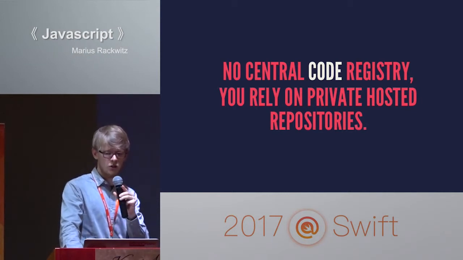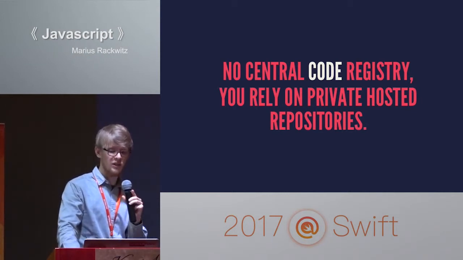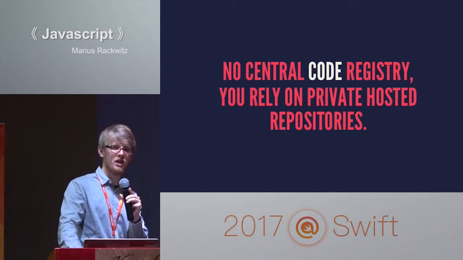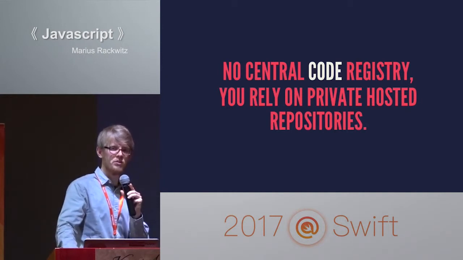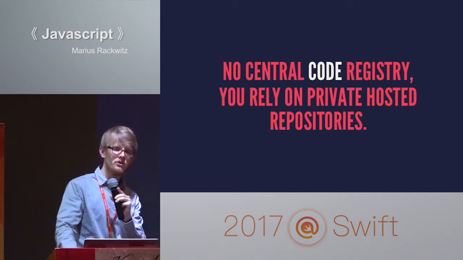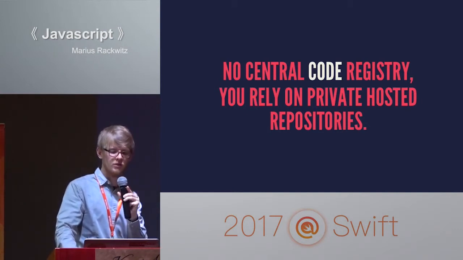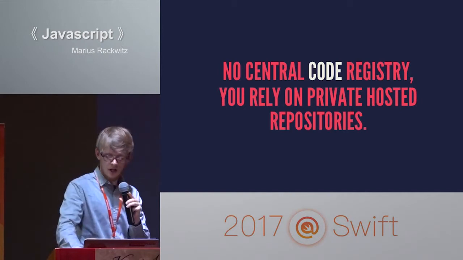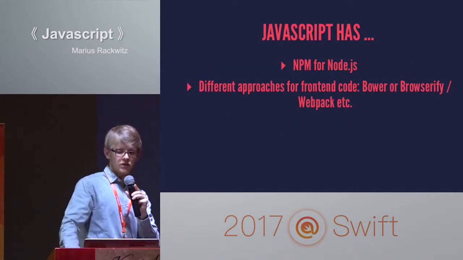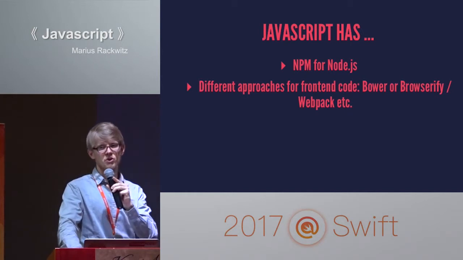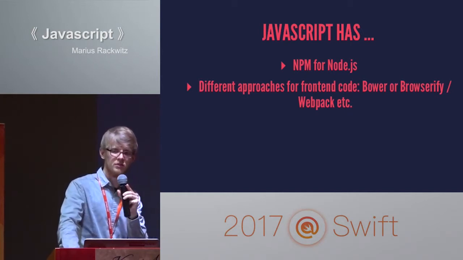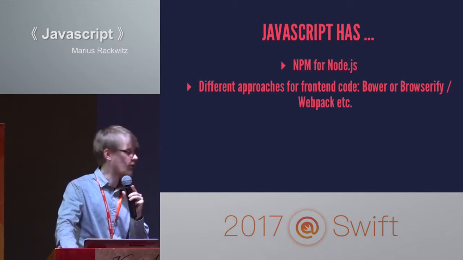And CocoaPods has here actually a registry for discovering dependencies, but these are more seen as the pod specs, which are recipes on how to build your dependencies and where to find them, rather than actual code. JavaScript in comparison has NPM for Node.js, but this is used as Node.js is used very often for local development and your CLI tooling around it.